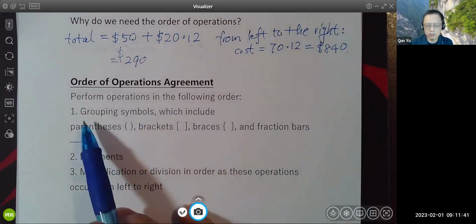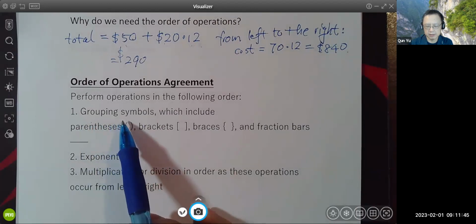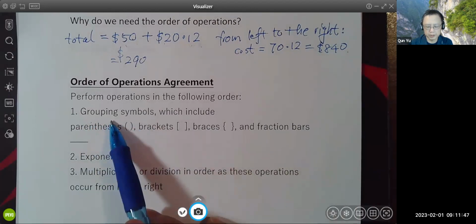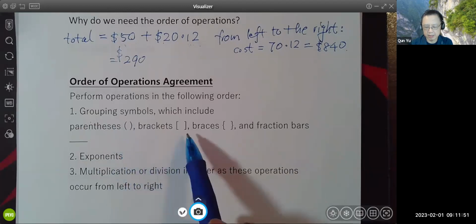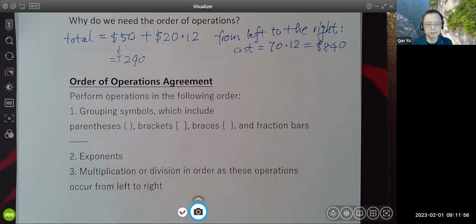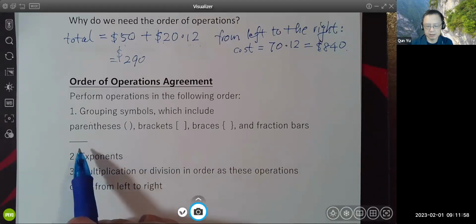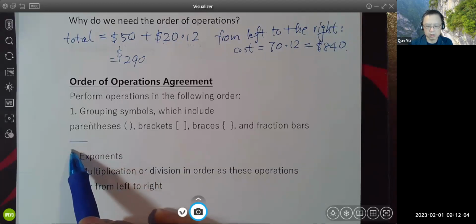First, you always want to do the operations inside the so-called grouping symbols, which include parentheses, brackets, braces, and also the fraction bar. In case of the fraction bar, you want to do all of the operations on top, and all of those operations on the bottom, then we do division.